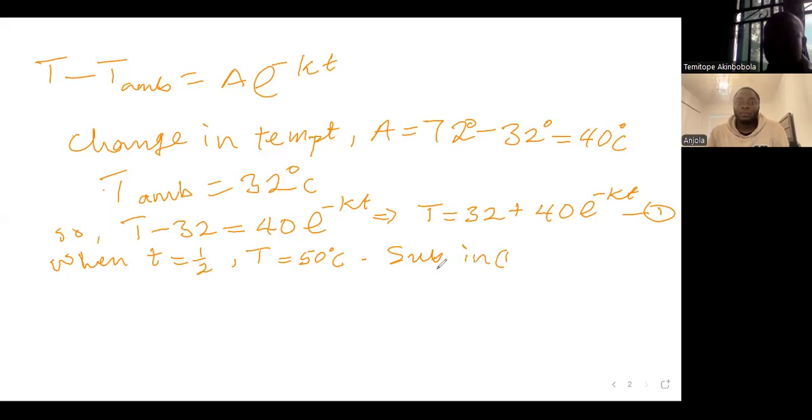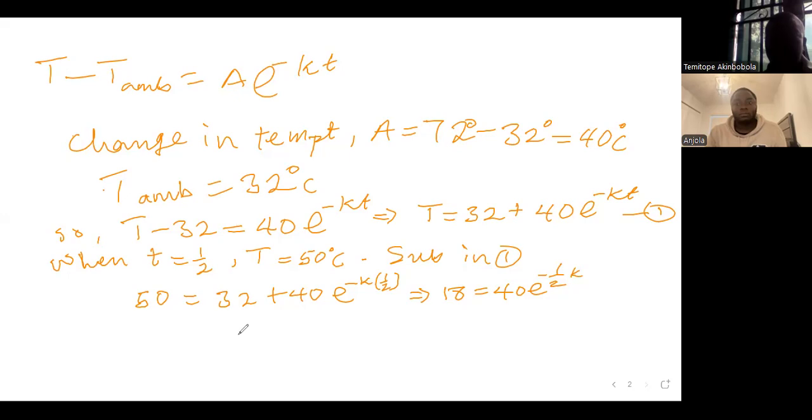So substitute that in 1. When you substitute that in 1, you have 50 equals 32 plus 40 e raised to power minus k times half. And that will mean 50 minus 32, which will give us 18. 18 equals 40 e raised to power minus 1 over 2k.